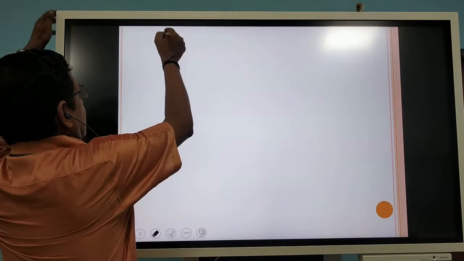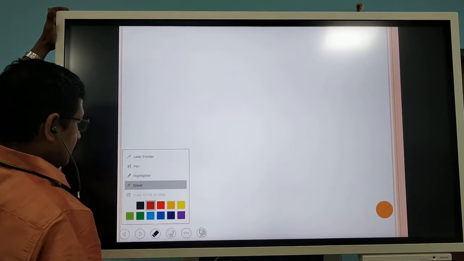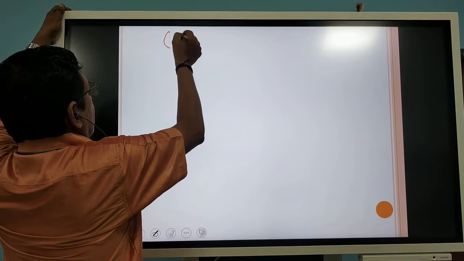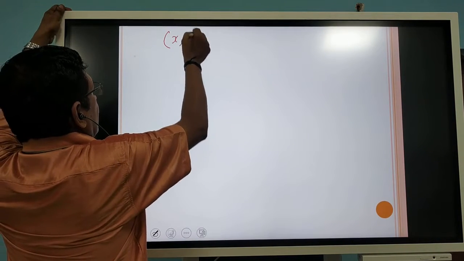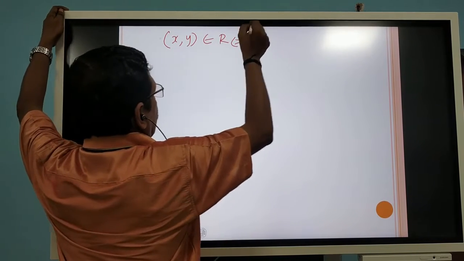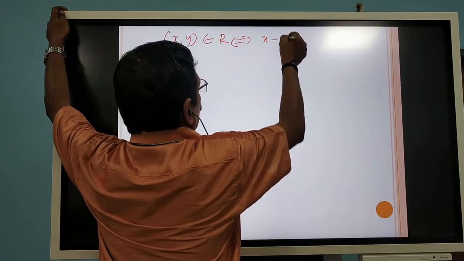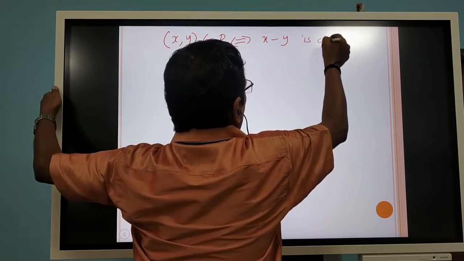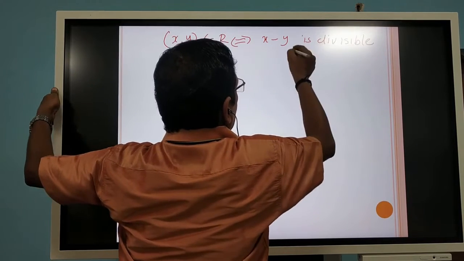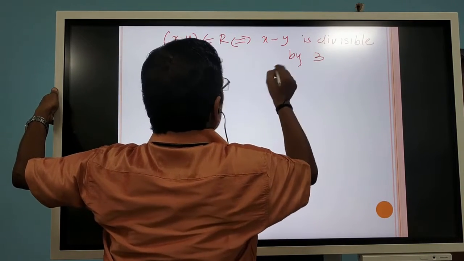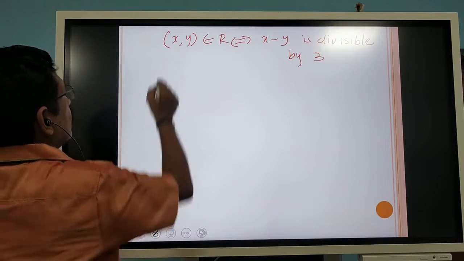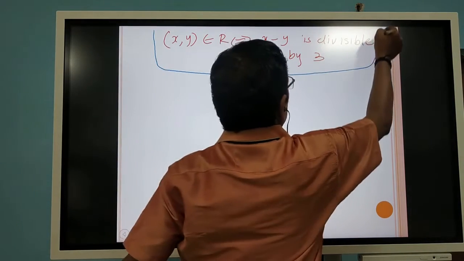For the sake of convenience, I am writing here: ordered pair XY element of R implies, and is implied by, X minus Y is divisible by 3. This was the relation for us, and I put it in a box. So this is the relation.